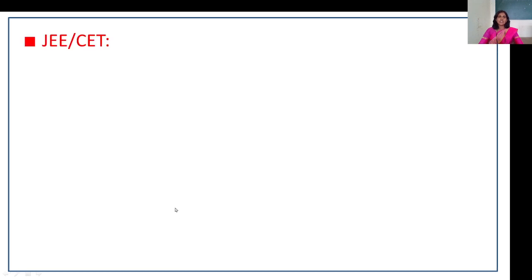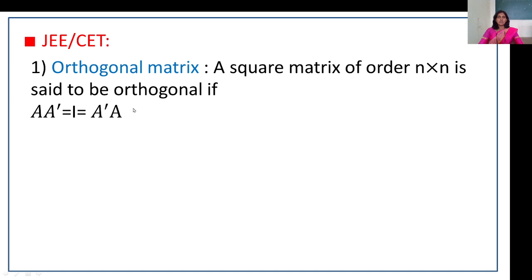So let's check the points which are useful for the JEE and CET examination. First is the orthogonal matrix. These concepts are very useful for CET and JEE. This does not belong to your textbook, but you have to read it carefully.